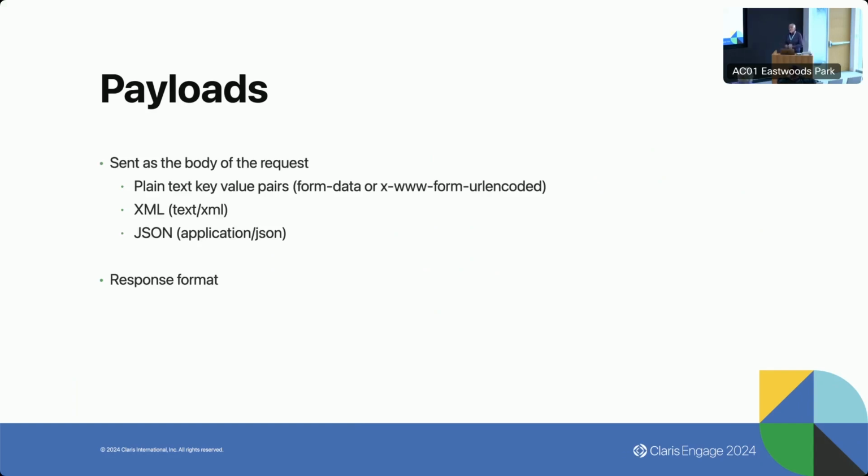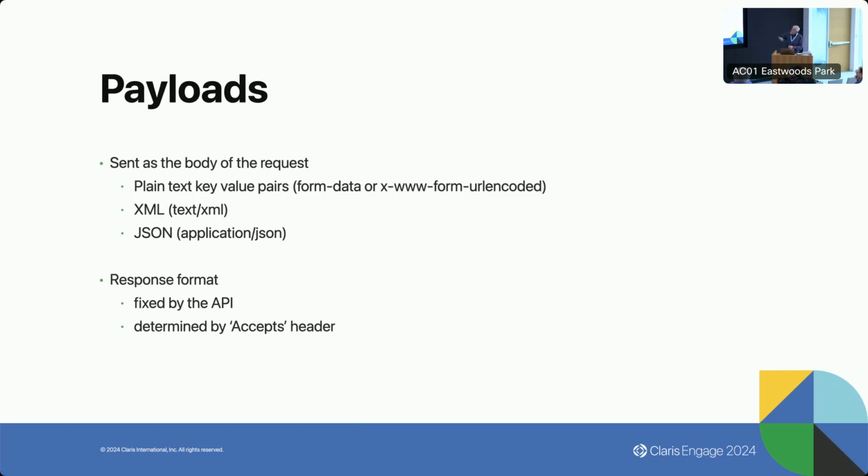In terms of the response format, what you get back, you may well get a fixed response based on the API. Many APIs will simply say, use JSON, send us JSON, we'll send you JSON back. Sometimes you can set an accept header in your request and say, I would like to get XML, or I would like to get JSON.